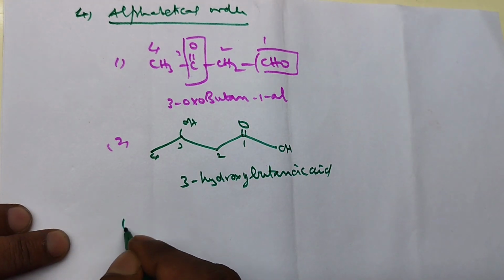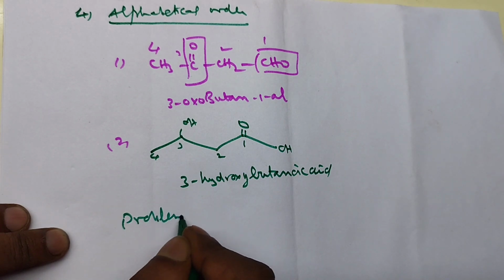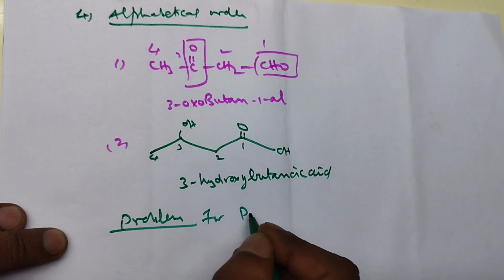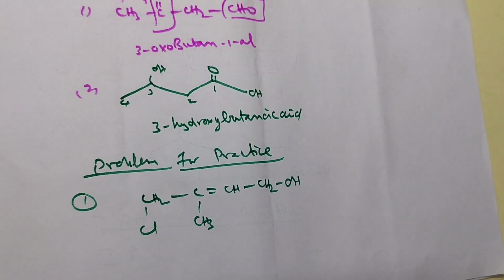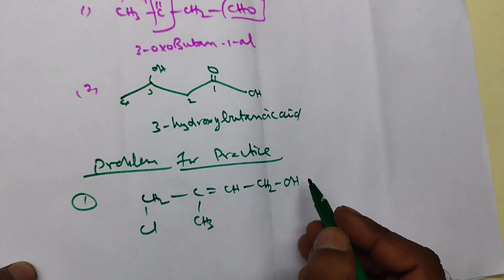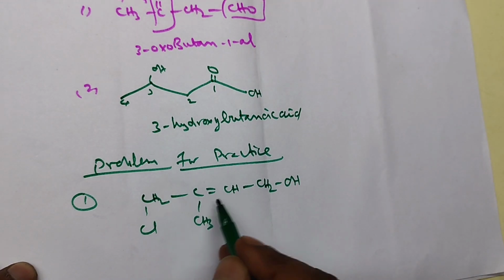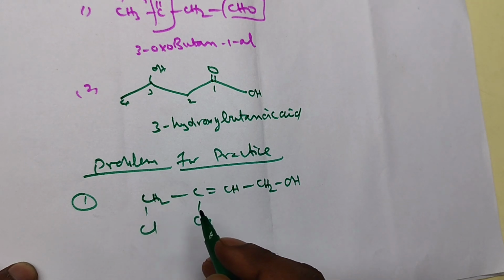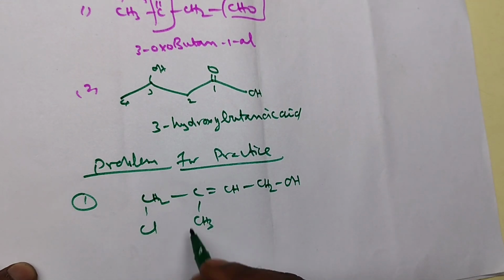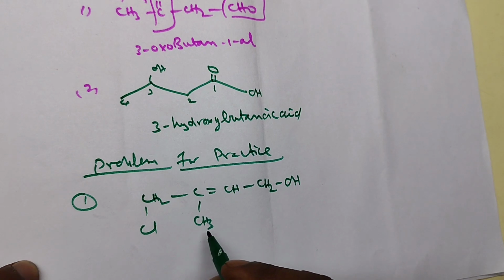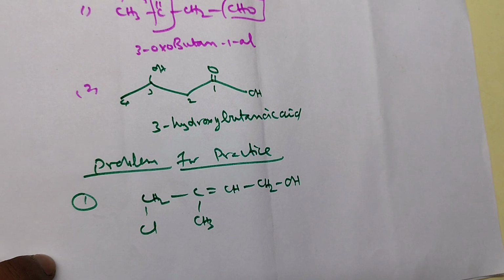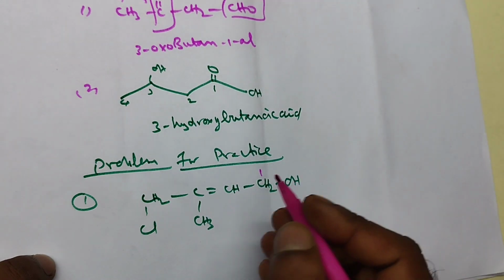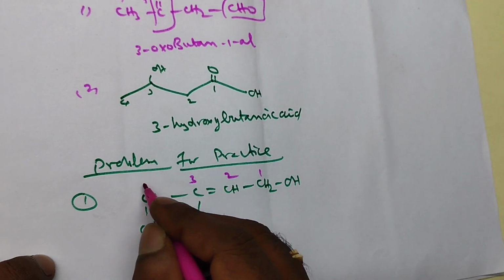A few other compounds for practice. In this compound, OH is one kind of functional group, the double bond is another, and chloro is another. Apart from that, one methyl substituent is also there. You give preference to the hydroxyl group, so start numbering from here: 1, 2, 3, 4.